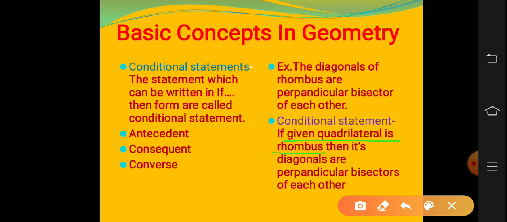This part is called the antecedent, and the part which is following then, its diagonals are perpendicular bisectors to each other, is called the consequent. And if we interchange these two parts, antecedent and consequent, then the given statement is called the converse. Make it clear, practice this, student.